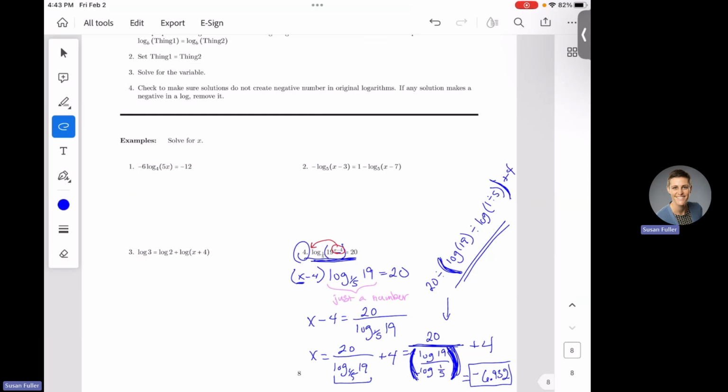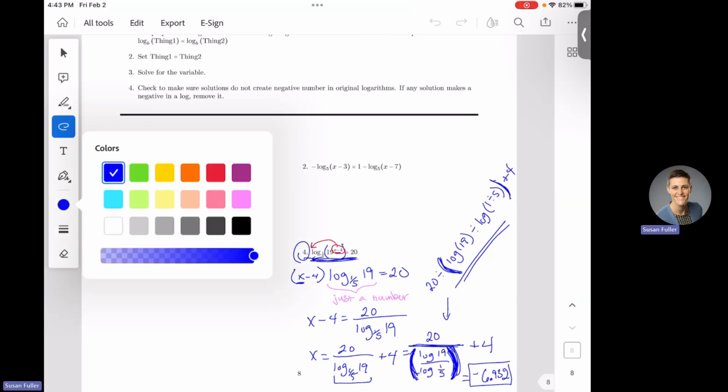It's 19 to a negative power. That means 1 over 19 to a positive power. It means a small positive number. And so I have a small positive number inside my log.